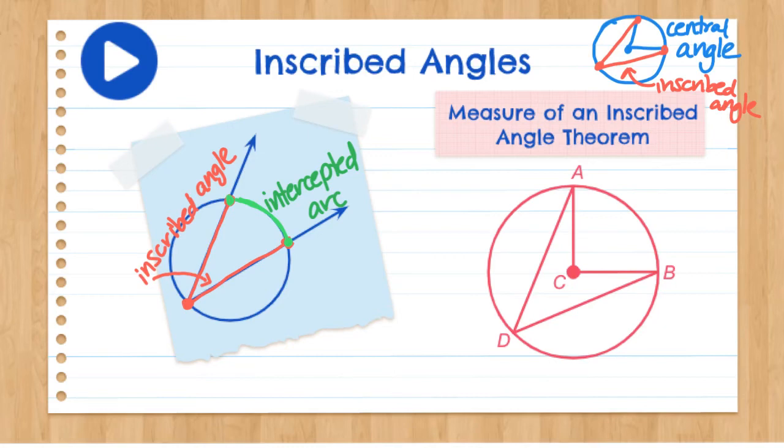So if we look at this pinkish red circle here, we can see that the measure of angle ADB is the inscribed angle. And what the theorem tells us is that the measure of angle ADB equals half of the measure of arc AB.